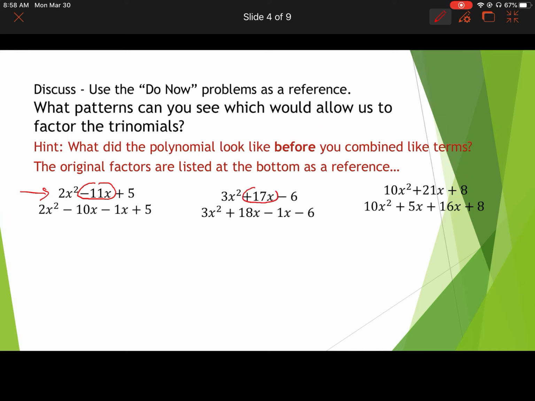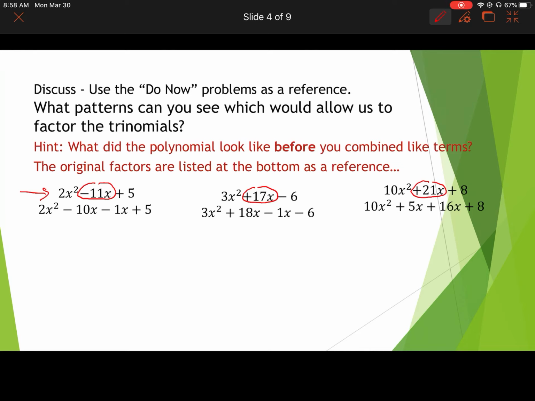We know that 17x came from 18x minus 1x. And we know that the 21x was created from adding 5x and 16x. All right, so the big question is, how do we get those two values? And we'll get to that in a minute.